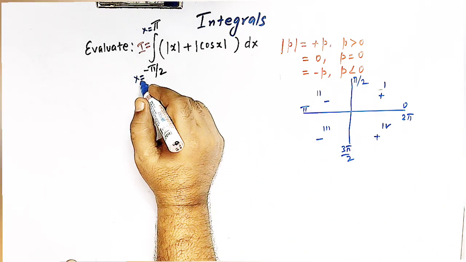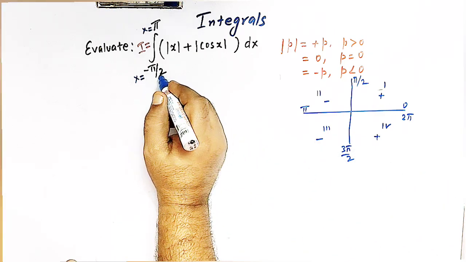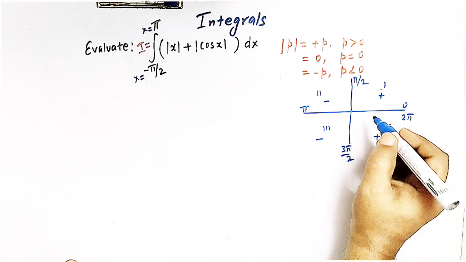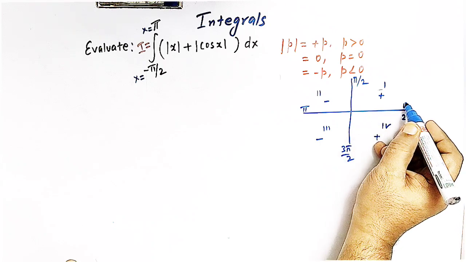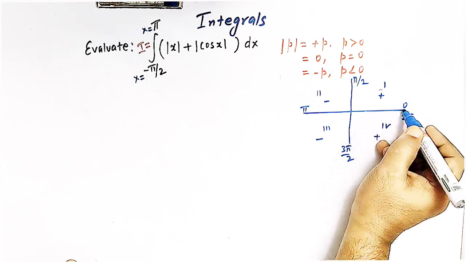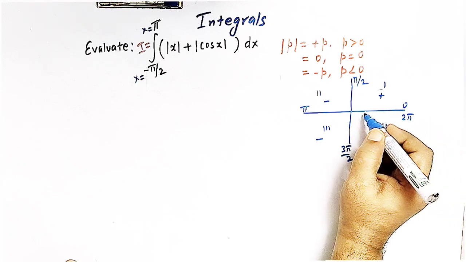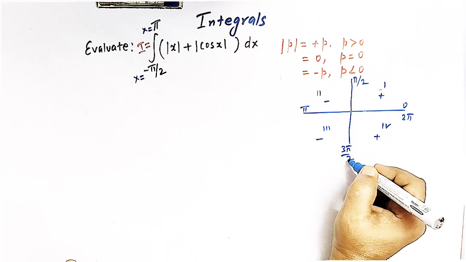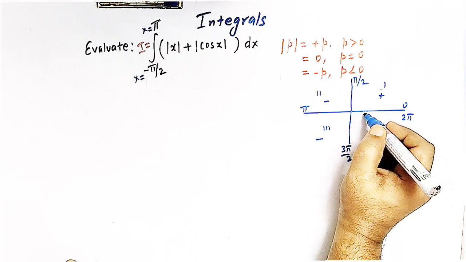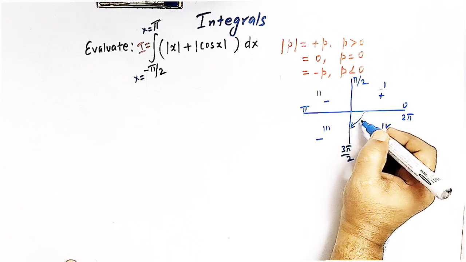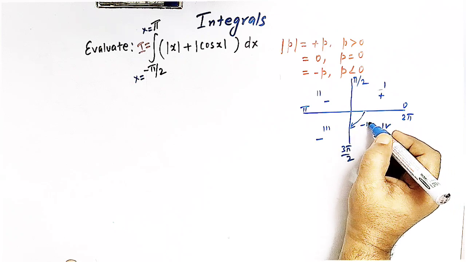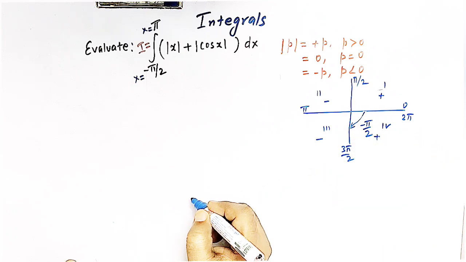So here we have the lower limit as minus pi by 2. When we go from this line, that is 0 degrees, towards 3 pi by 2 in clockwise direction, this angle is minus pi by 2, right?